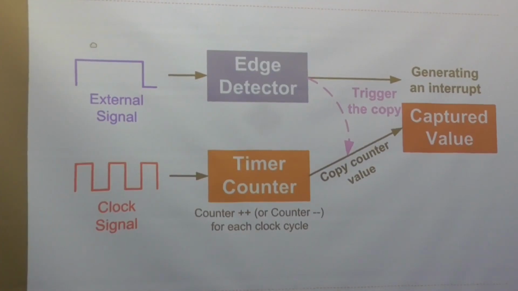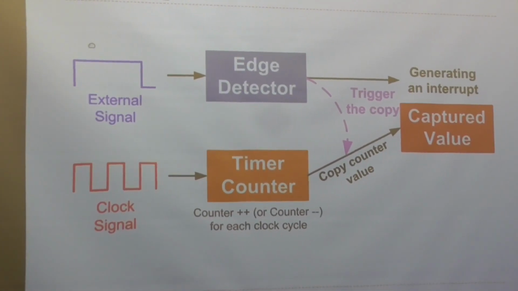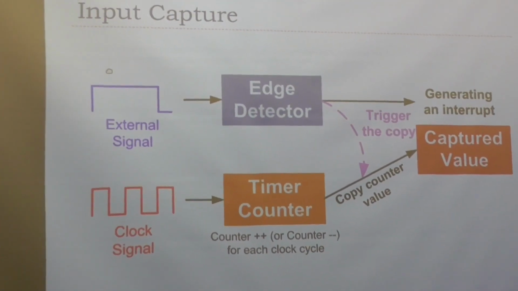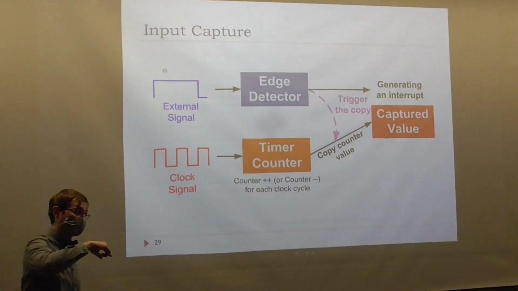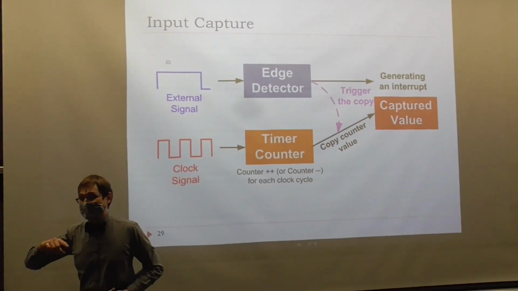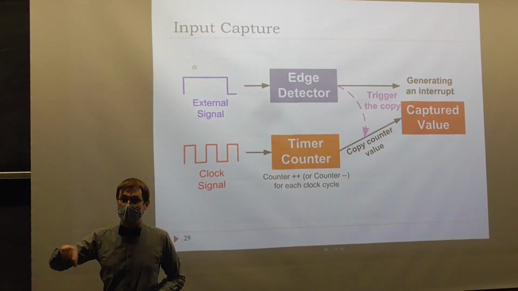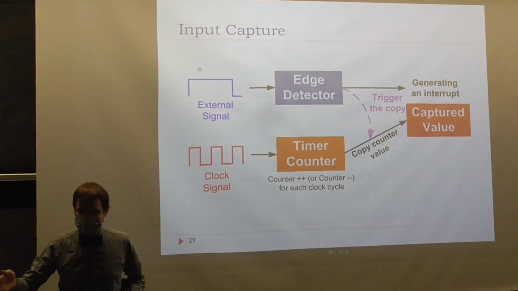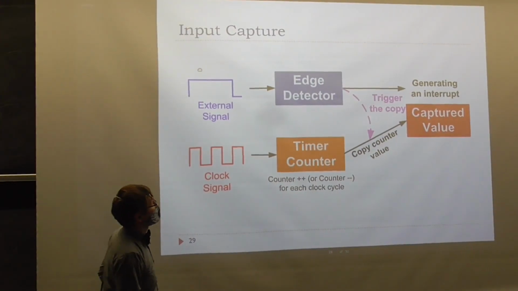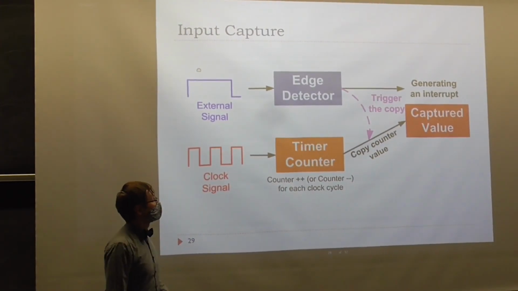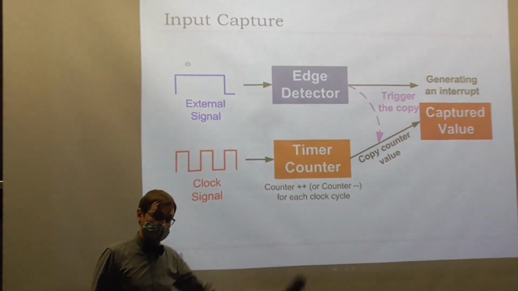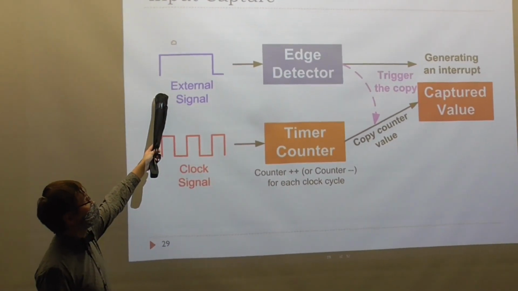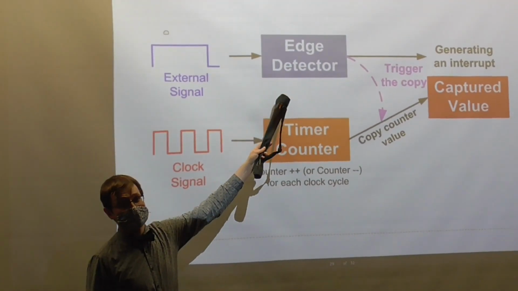So this is how it works in association with the timer. The graphic that we started off on doesn't actually show you how or where the signal that you're measuring comes in, right? So you've got the counter, and you've got the clock signal coming into the counter. You also have the external signal, which is coming into an edge detector.